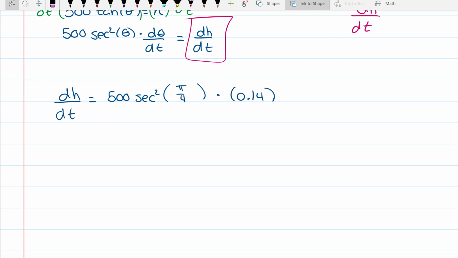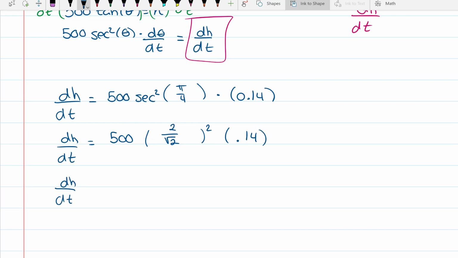Now it just requires some calculations. dH dt is equal to 500 secant squared. So secant of pi over 4 is 2 divided by root 2, times 0.14. dH dt is 500 times 4 over 2 times 0.14.